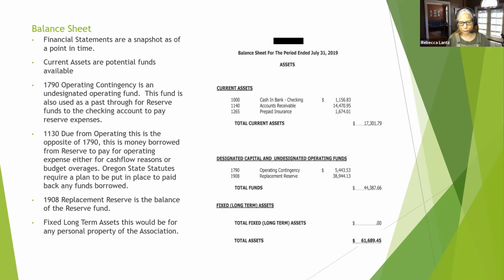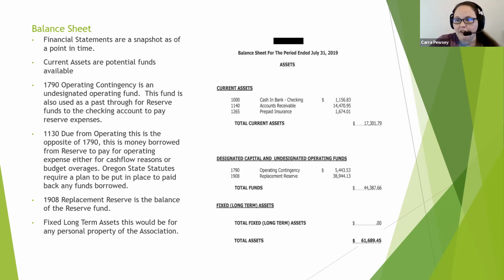The first thing to know about operating contingency is that it's the pass-through for the reserve. Anytime we are paying reserve expenses, we move money from 1908 to 1790 to pay out of the checking account for those reserve expenses. So there are times where 1790 can be inflated or deflated based on the transactions of the reserves.